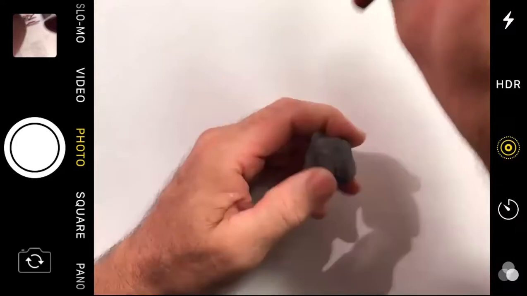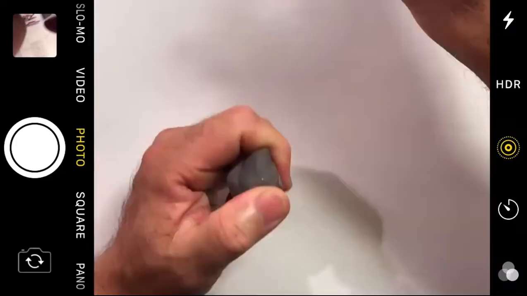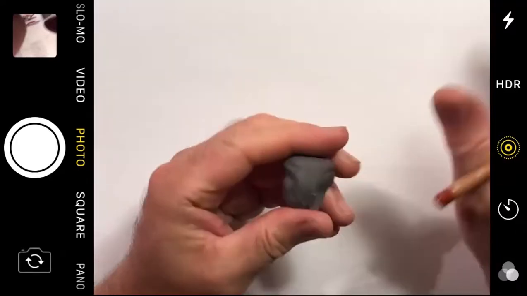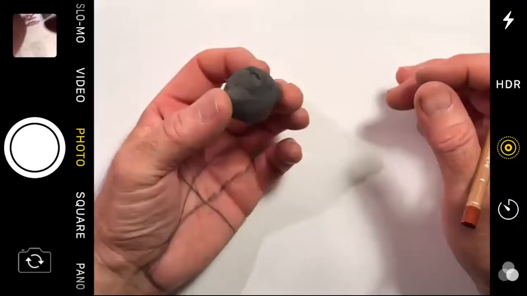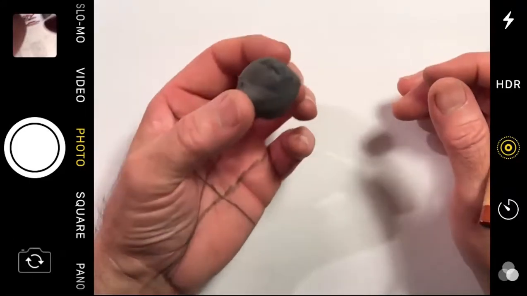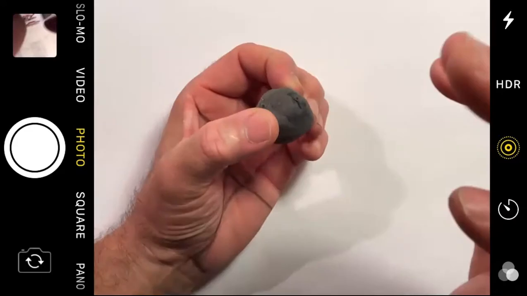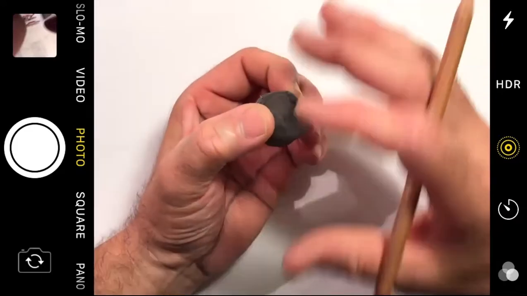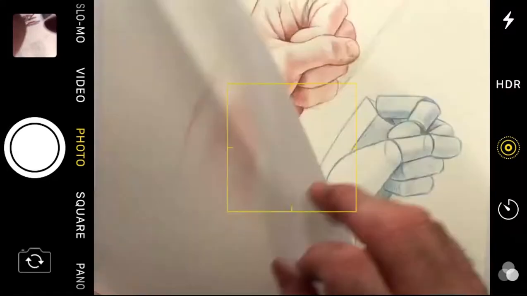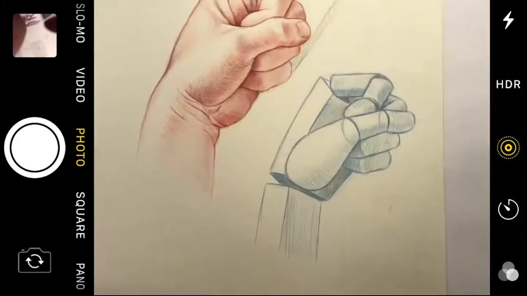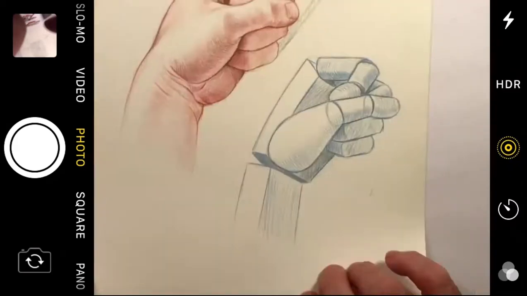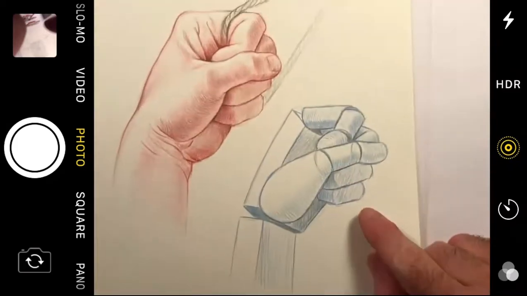Let's do this. Thank you for this, because I want to make this a little bit easier. So holding like this, instead of drawing your hand realistically, draw it in blocks. Now I'm going to show you. This is an example, right? So draw it first like this, in blocks.